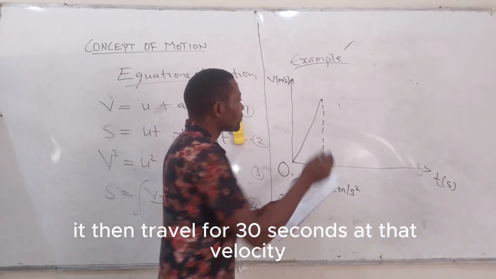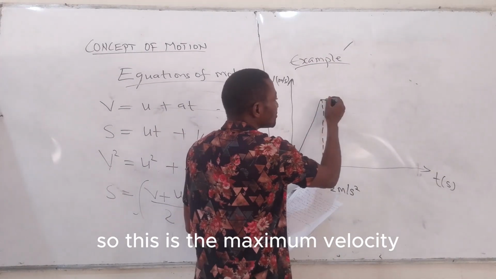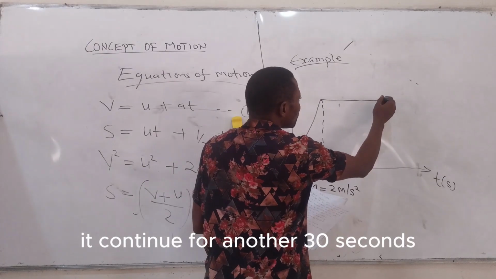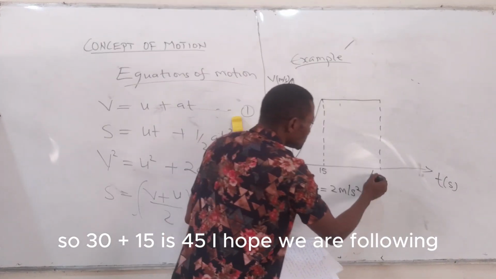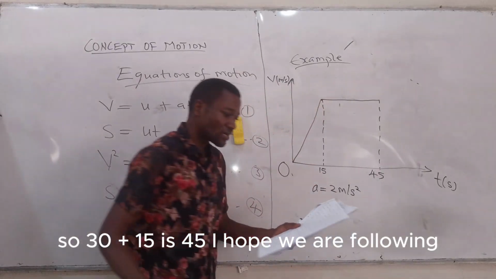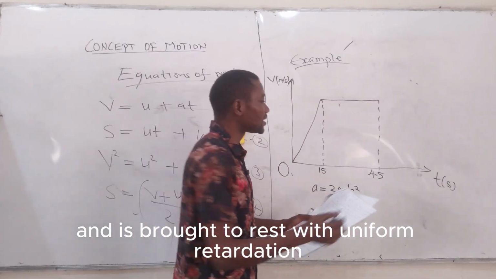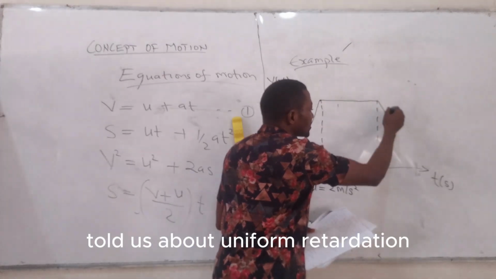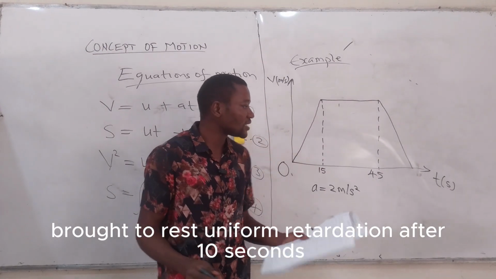So it moves, attaining maximum velocity in 15 seconds. It then travels for 30 seconds at that velocity. So this is the maximum velocity. It continues for another 30 seconds. So 30 plus 15 is 45. I hope we are following. And it is brought to rest with uniform retardation after 10 seconds.